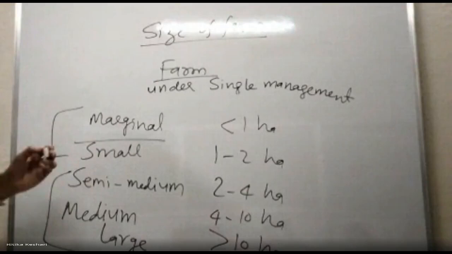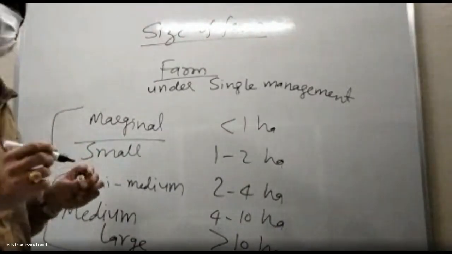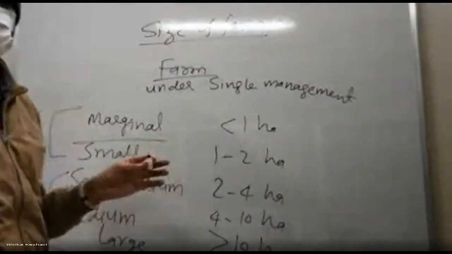Okay. So in different studies conducted at different parts of the world and different parts of the India, you will find different classification. People are deciding small versus large categorization as per their wishes. So in JNKV, if you see the studies we have done, so they say up to 2 hectares of land, they are small.